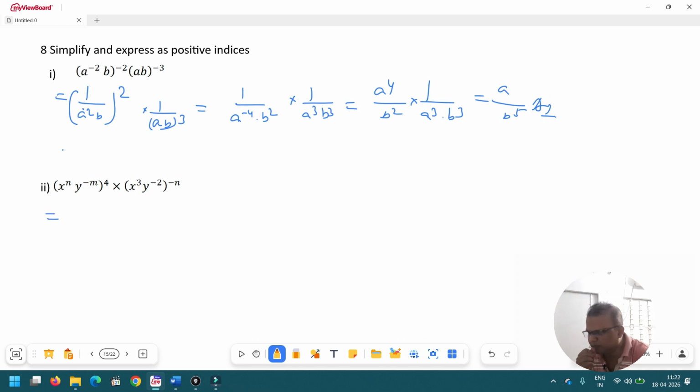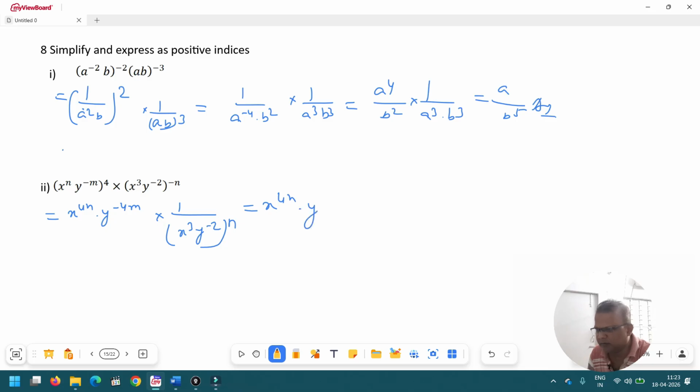That is equal to x का power 4n into y का power minus 4m into x का power 3n, x का power 3, 1 by x over 3 y over minus 2 the power n is equal to x का power 4n into y का power minus 4m into 1 by x का power 3n into y का power minus 2n.